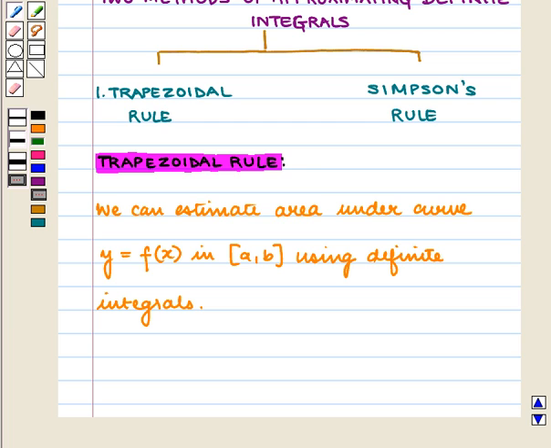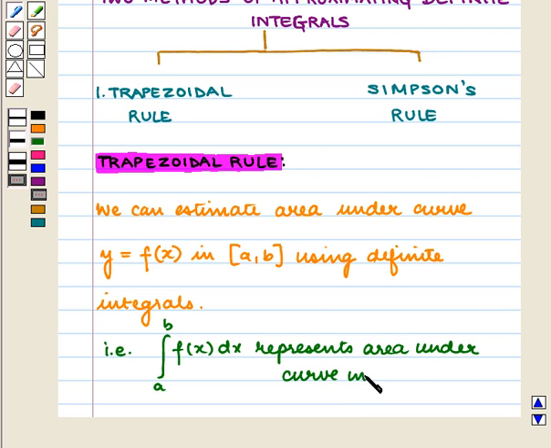We can estimate the area under the curve y is equal to f of x in the closed interval a to b using definite integrals. That is, the integral from a to b of f of x dx represents the area under the curve in the closed interval a to b.